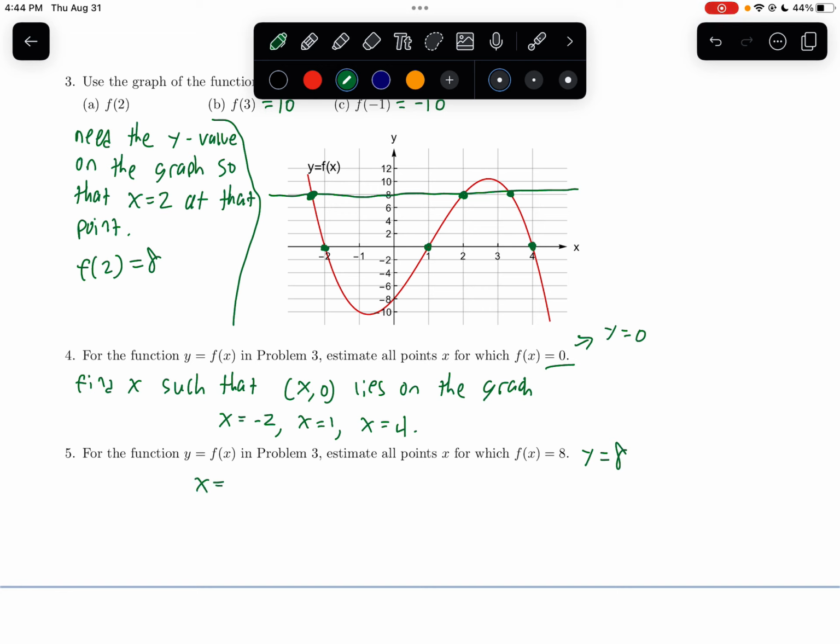So I'm going to say the one on the far left is a little bit less than -2, so maybe like -2.3. And then there's another one in the middle at x equals 2 exactly. And there's another one on the far right, a little bit more than 3, so about 3.3. You might have slightly different answers for that.